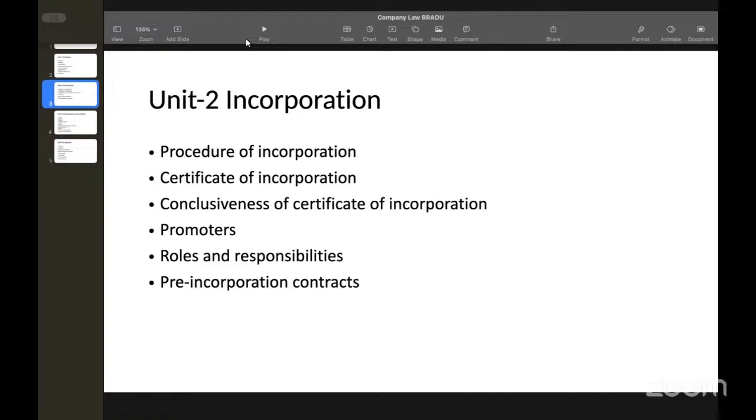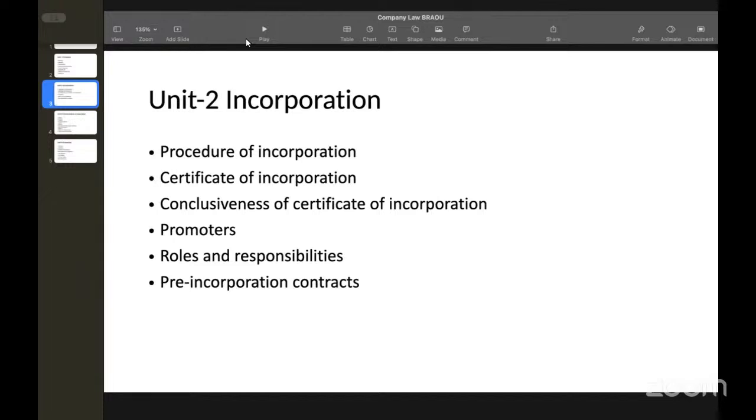That is, there are 2, not binding on the company and personal liability of promoters. Next is ratification and adoption. Ratification is nothing the company may explicitly and implicitly ratify pre-incorporation contracts after incorporation. Next is novation. A new agreement is created between the company and the other party to substitute the promoter's liability.